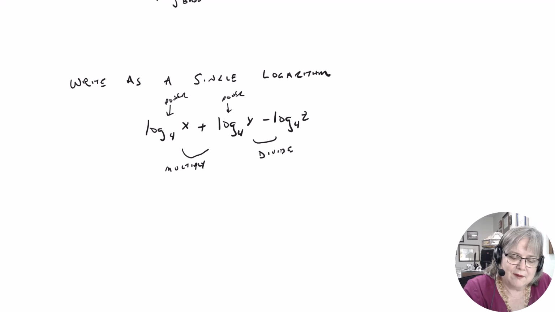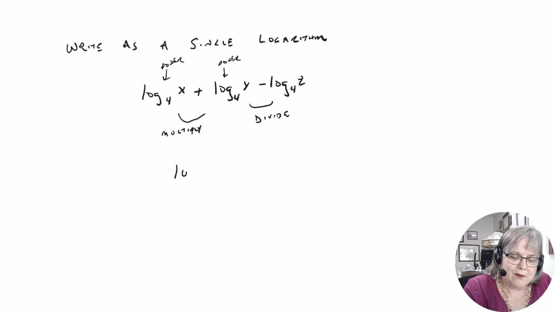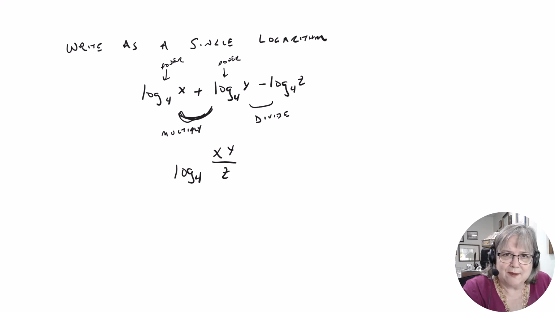So it would look like log base 4, because we want a single log, so we only write it one time, and we have x times y divided by z, because it says plus, we're going to multiply. This is to divide. So the positives end up on top, multiplied together, and the negative ends up on the bottom as a division.